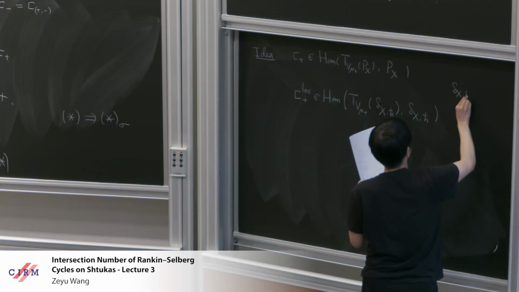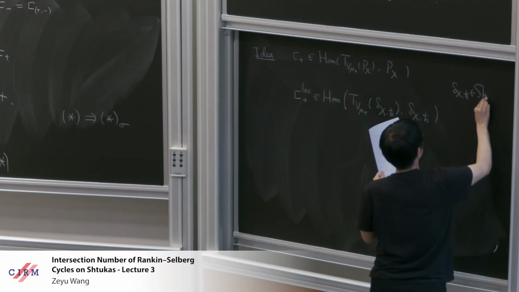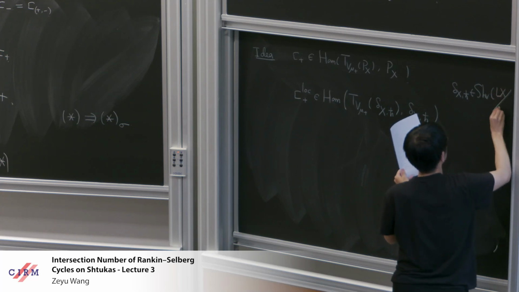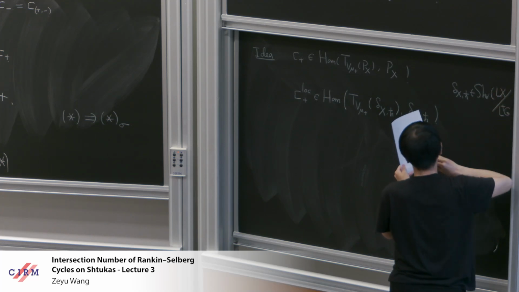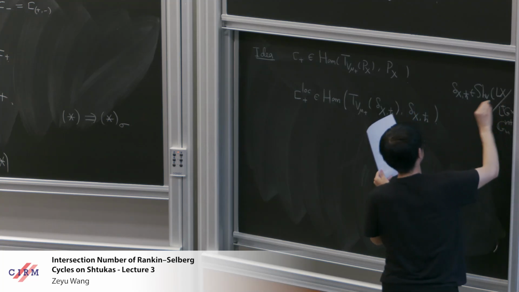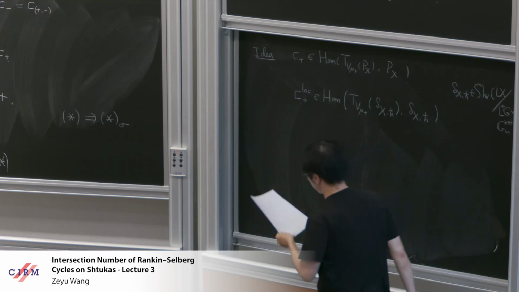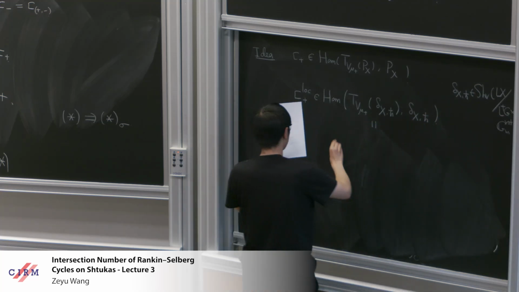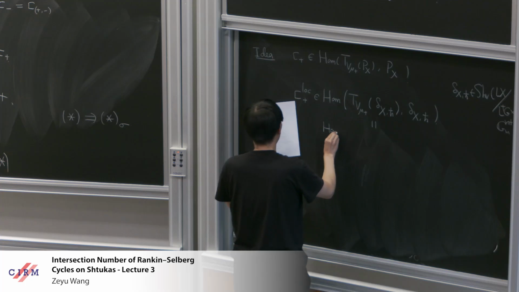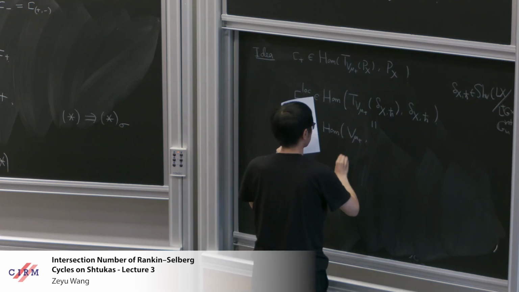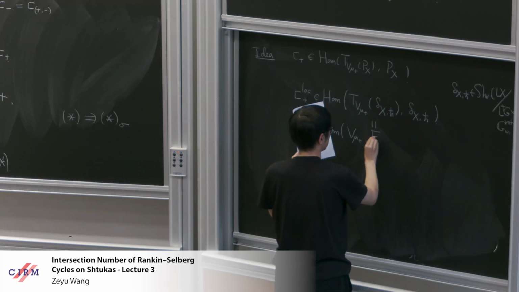What's this delta x? This is the spherical element inside the local category considered by BZSB, but I want to work with this version with loop rotation. And what's this Hom space? It's really by the definition of the so-called Plancherel algebra.